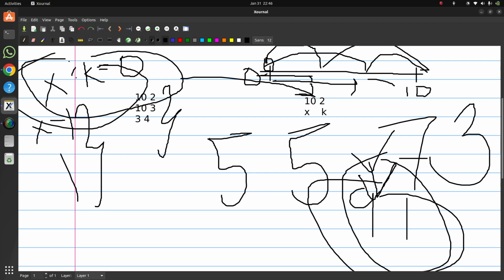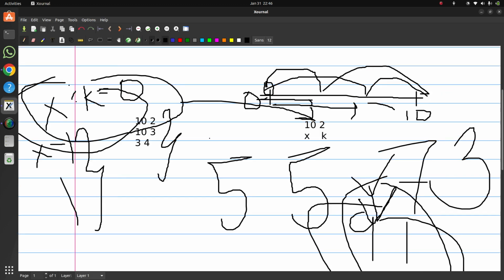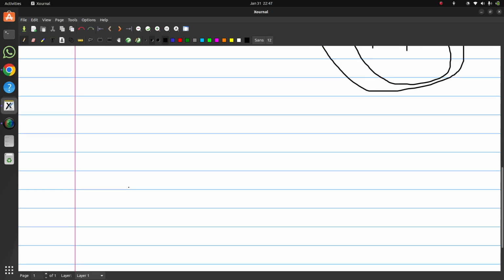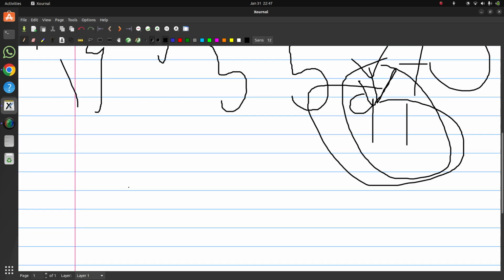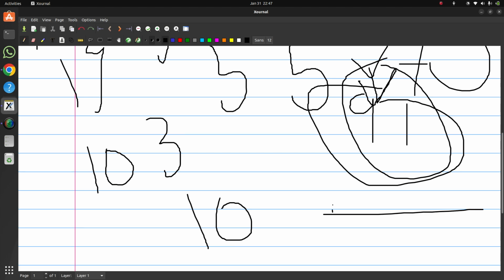Let's take another one: 10 and 3. Now 3 doesn't divide 10, so in this case we can simply print 10. The grasshopper can jump 10 steps right away, because 10 cannot be divided by 3.